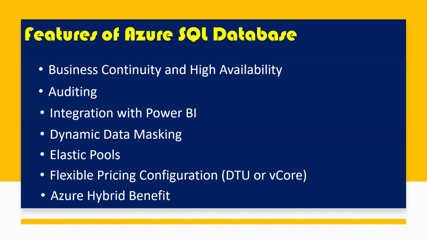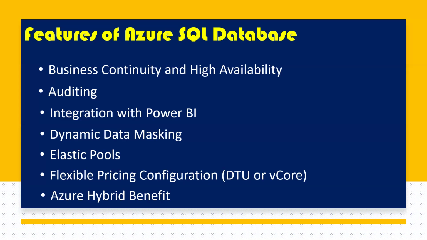Elastic pools are used for distributing compute. You will understand the elastic pools concept during the hands-on. Flexible pricing configuration means we can choose which type of compute configuration we want to use.